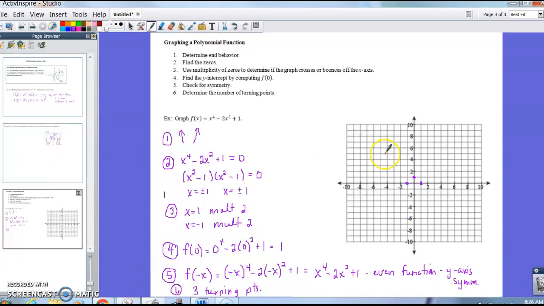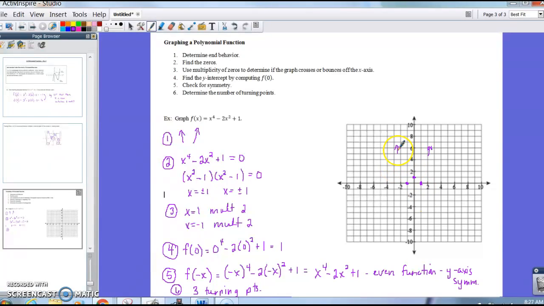I know that my end behavior is that my graph goes up on the ends. I also know that my function has y-axis symmetry, so it's going to look the same on the left and on the right of the y-axis, and that at both roots I bounce off the x-axis. I don't cross the x-axis because of my multiplicity of 2.